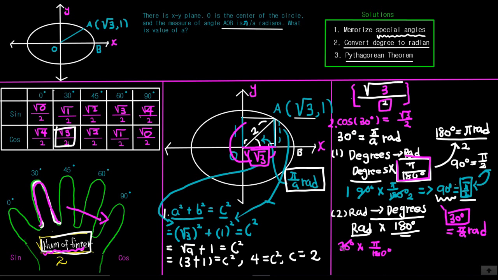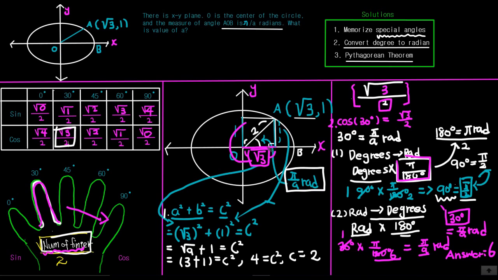The 30 degrees and 180 degrees are going to cancel out as 1 and a 6, and that should be equal to pi over A radians. The pi and the pi in the numerators are the same, and the denominators tell us that A should be equal to 6. So we can say that our answer is going to be equal to 6.